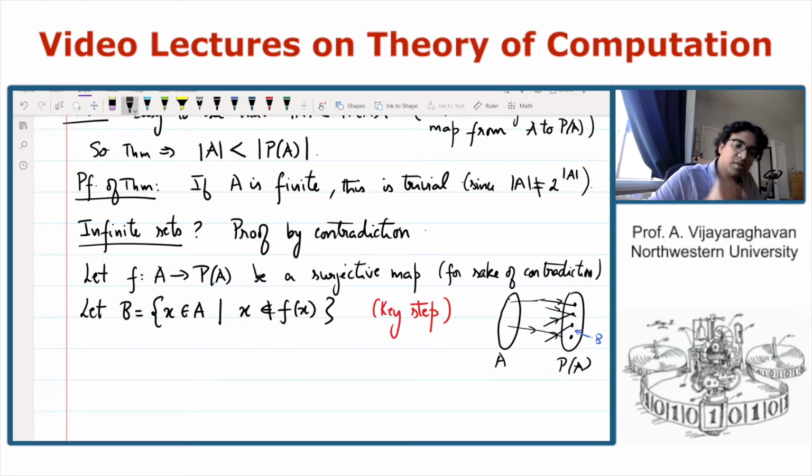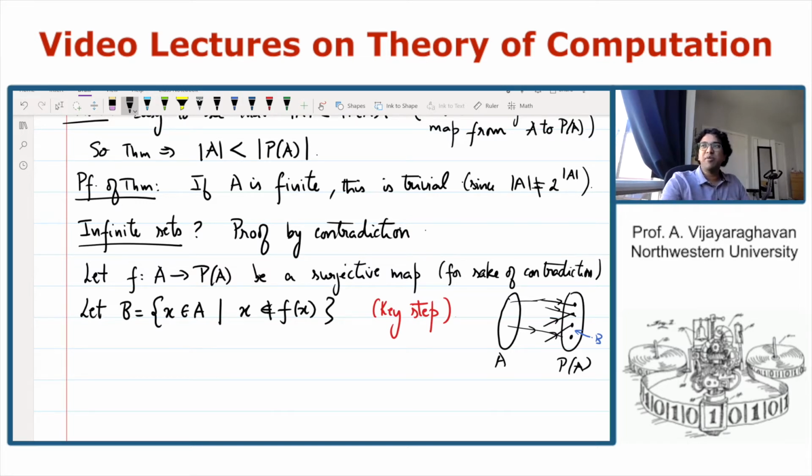Okay. Good. And this kind of step, where we are assuming a surjective map and then constructing an element in the range, the construction is usually somewhat self-referential.